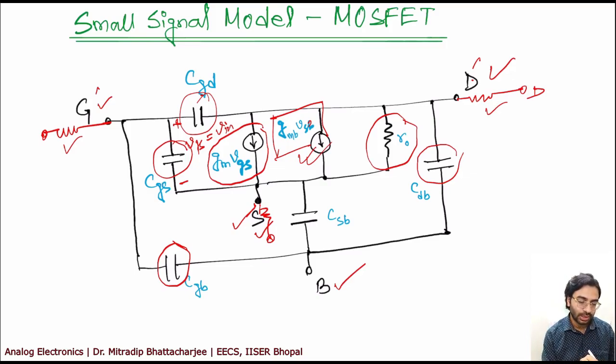So we have almost calculated all the parameters except this extra current source. This extra current source comes because of your substrate biasing.